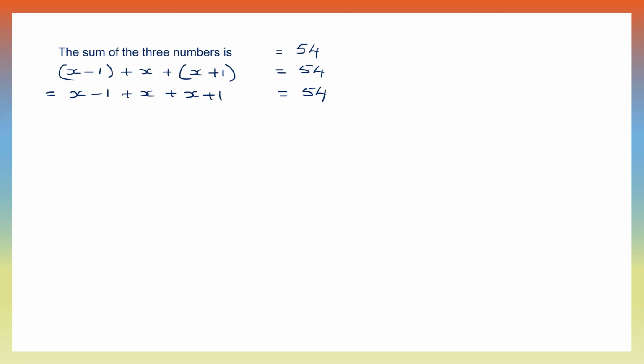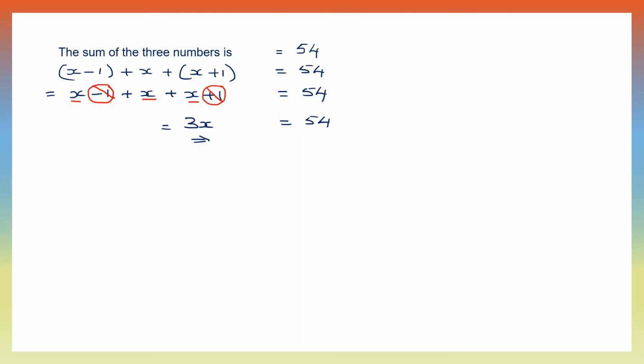Now let's take all the x. We have 1, 2 and 3, so that is 3x. Then let's take the numbers. Here I have minus 1 and here I have plus 1. Minus 1 plus 1 is 0, so it gets cancelled. So straight away, 3x is equal to 54.